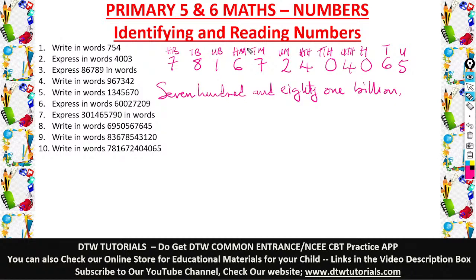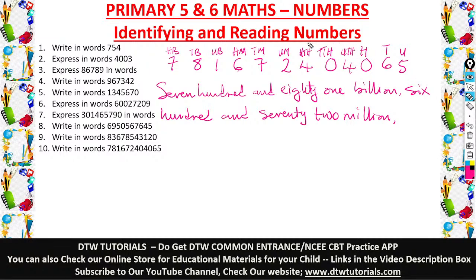Now we go to the million. You can see here we start with 600 and we have 7 and 2. So it will be 672. Remember now we're in million. So we have 672 million, comma.